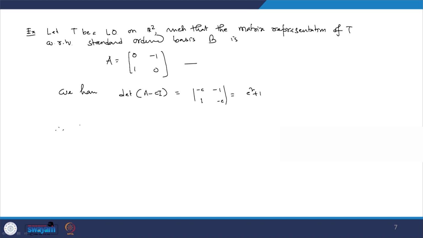So, C square plus 1 is not factorizable over real numbers.